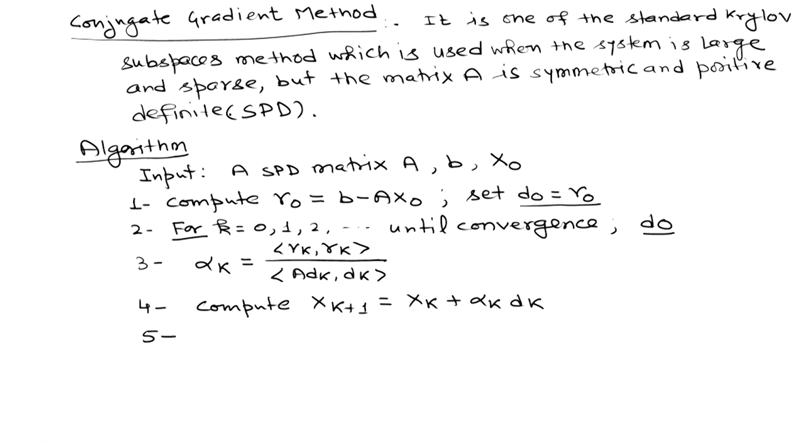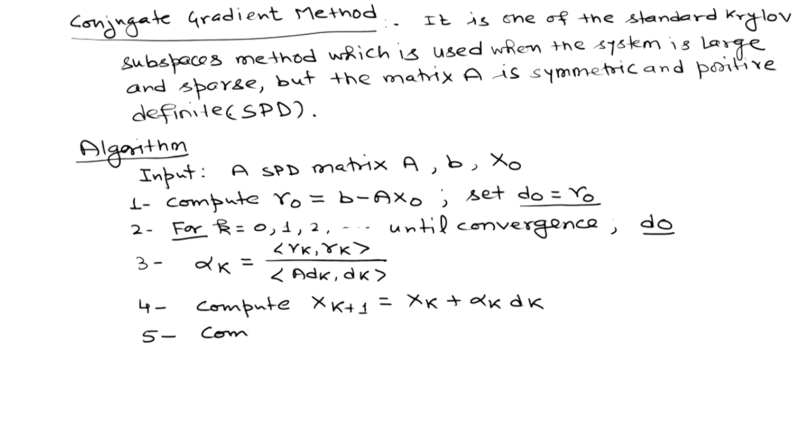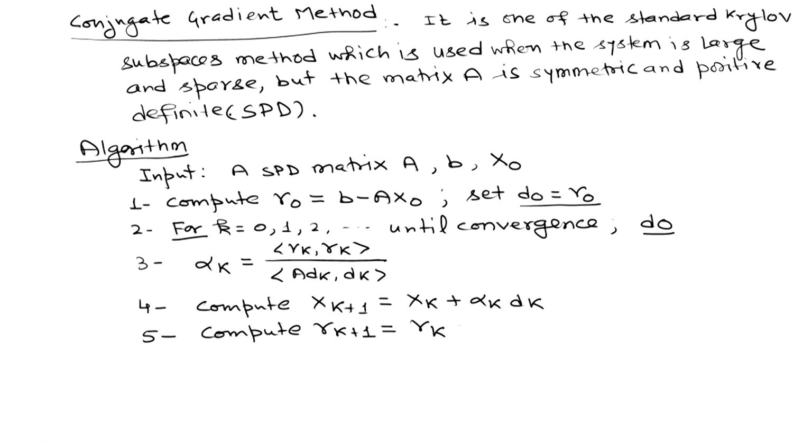Next, from here this method will differ from steepest descent method. Compute r k plus 1, which was b minus A x k plus 1 in steepest descent, but here it will become r k minus alpha k A d k.